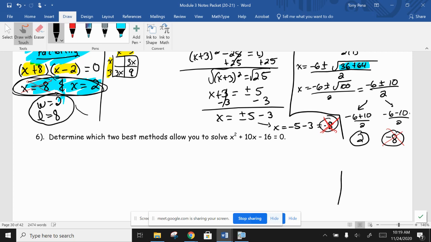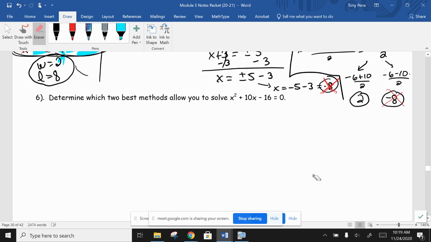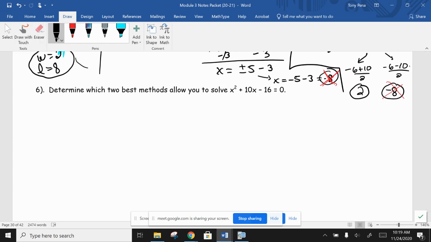So typically, what we would like to have happen is that we could factor this. So let's come in down here and see if we can factor this. So we would try to figure out x, and x would give us x squared. And then we're looking for the 2 numbers that would multiply to be a negative 16. But at the same time, they would need to add up to be a positive 10.